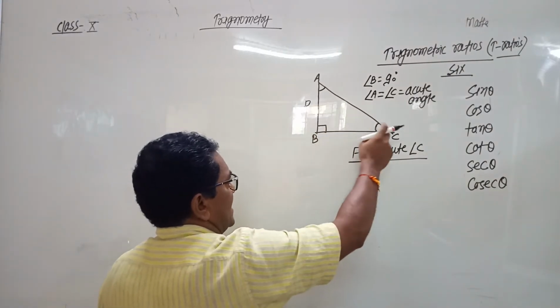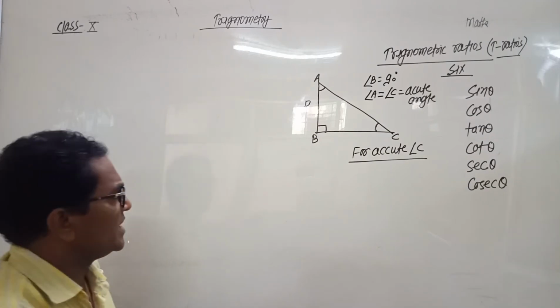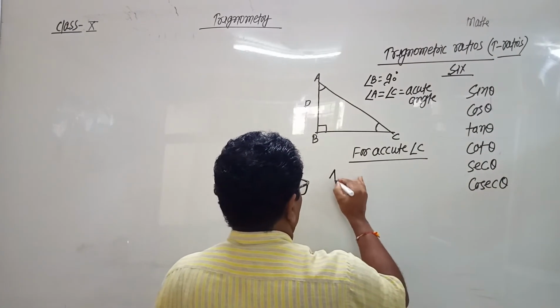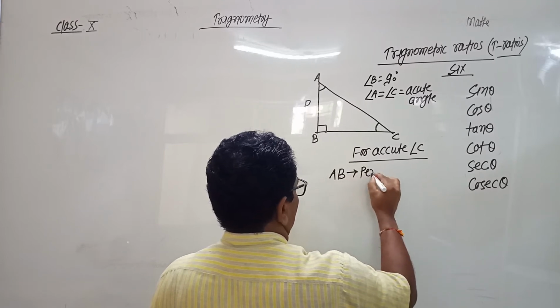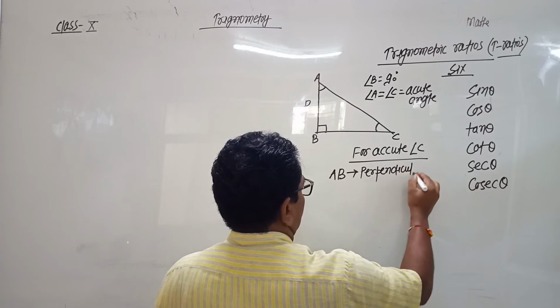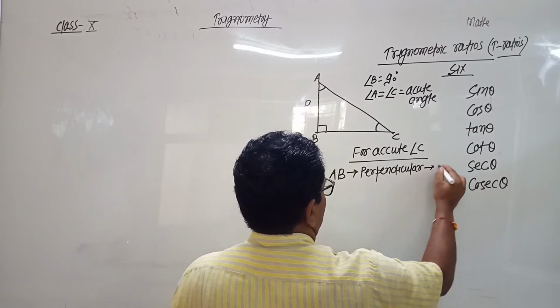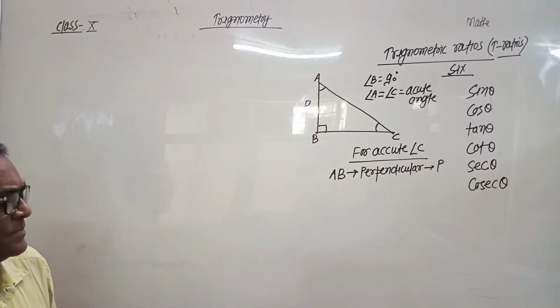So AB is the side in front of the acute angle, so AB is called perpendicular, and we represent perpendicular by P.